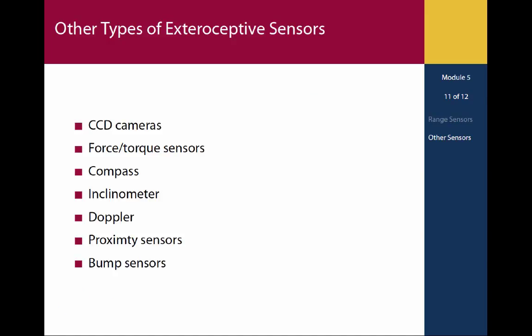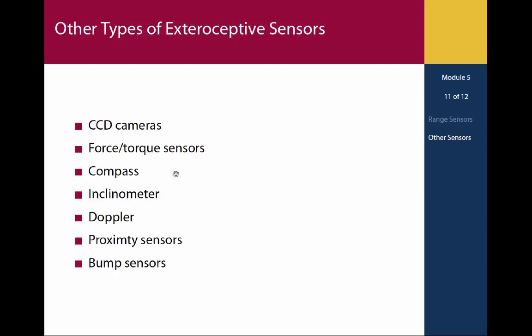There are many other types of exteroceptive sensors. We have CCD cameras. They provide a wealth of information but require a lot more computational power to handle. We have force torque sensors. If we have a manipulator arm interacting with the environment, we can have a force torque sensor to tell us how much force we're exerting on our environment or on the arm itself.